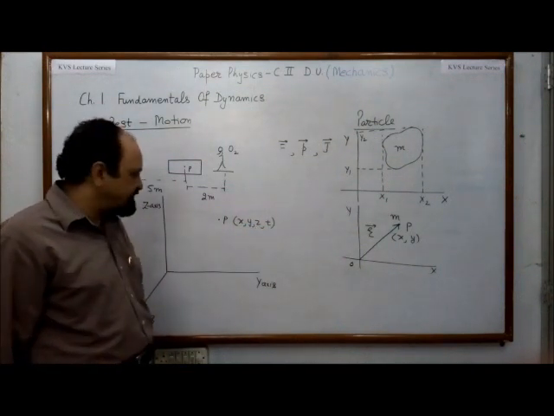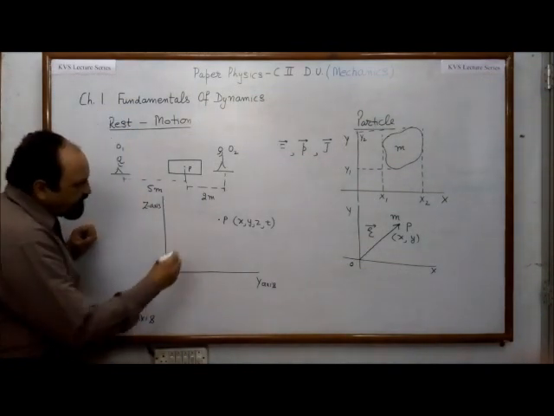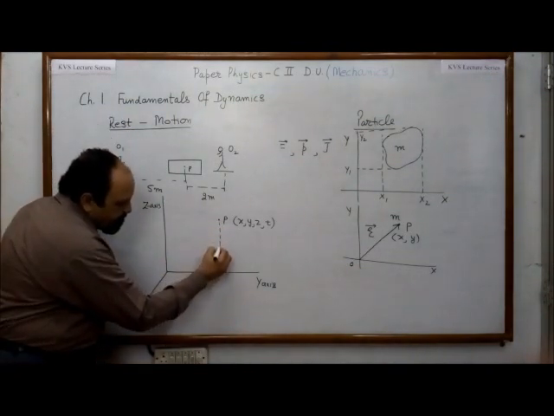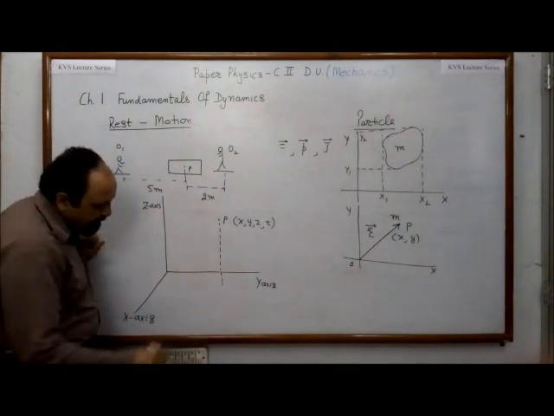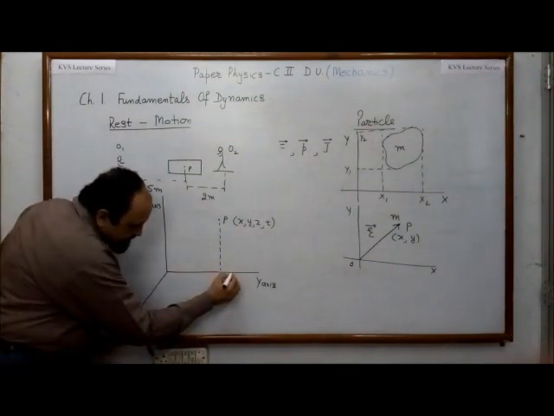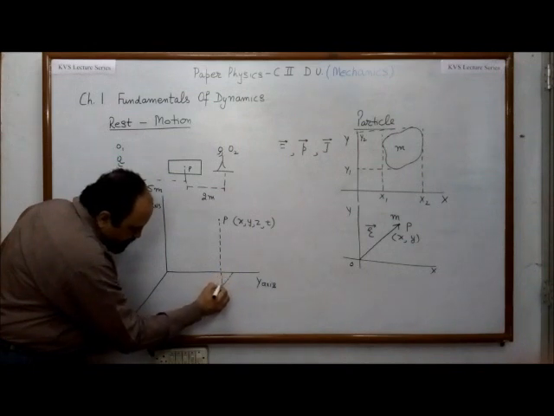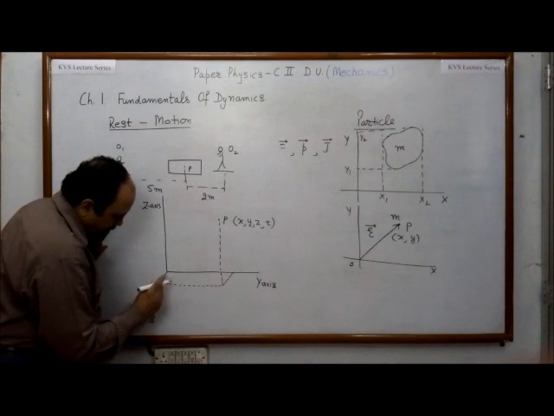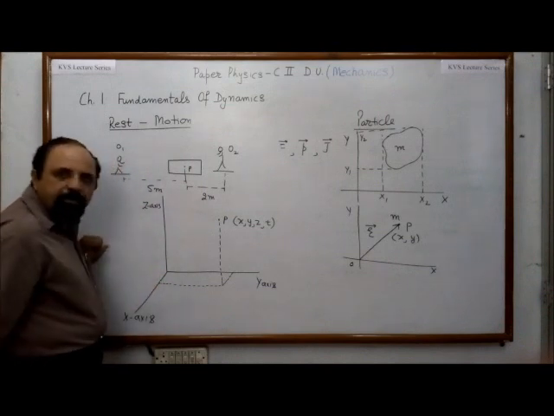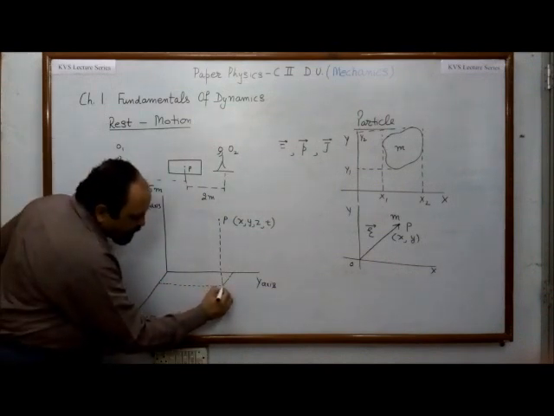What is the meaning of all this? If I drop a normal on the xy plane, then this distance is a normal point or projection point.